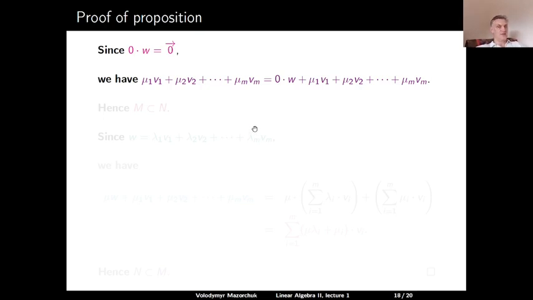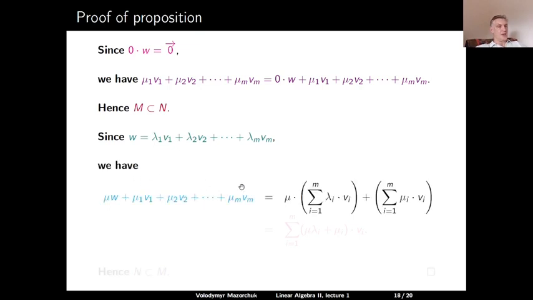In other words, each element in the first linear span also belongs to the second linear span, so M is a subset of N.